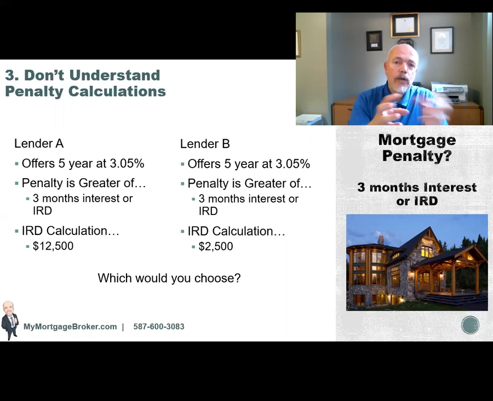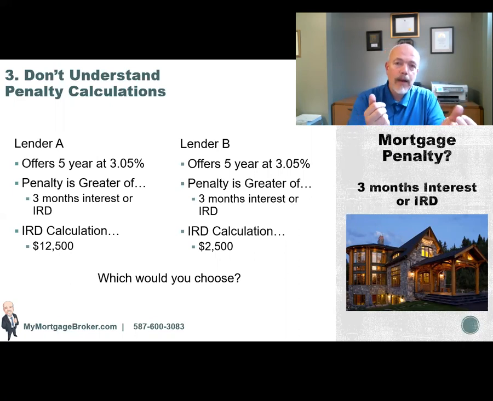Knowing which bank offers what calculation will help you decide if both banks are offering the same interest rate. In this example, I show 3.05%. If they both have exactly the same interest rate, but one bank's calculations are substantially more than the other, which one would you prefer?